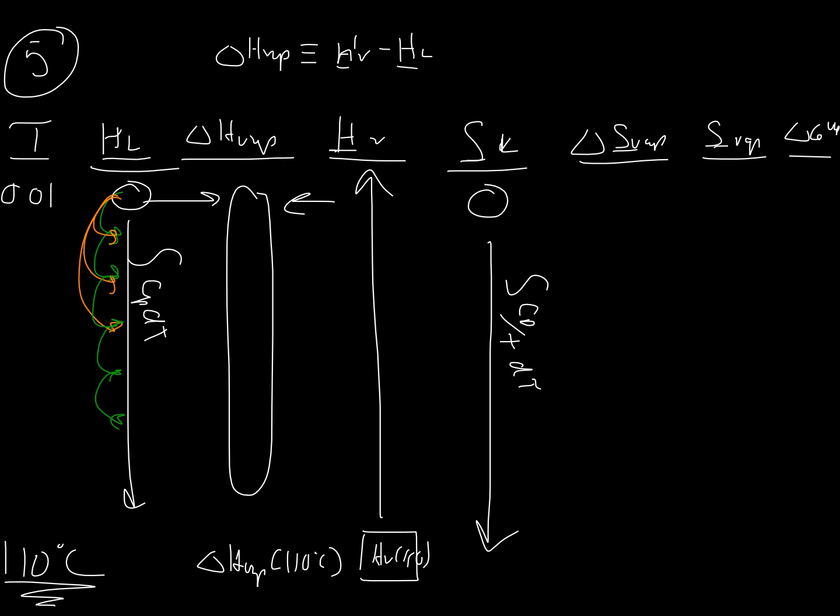Now, what makes this tricky here is I didn't actually give us any information about the delta S of vaporization. This is where I have to throw in a little bit of stuff that's maybe two lectures ahead of the game, but delta G is defined as delta H minus T delta S, which is equal to 0 at a phase transition.